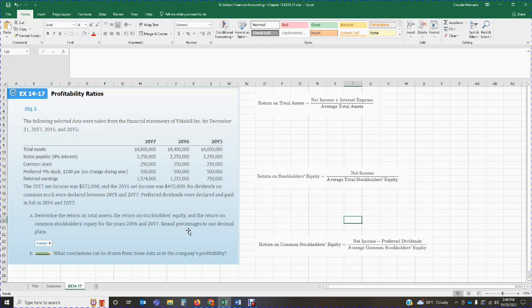So profitability ratios are basically a metric used by analysts and investors to measure and evaluate the ability of a company to generate income or profit relative to revenue, balance sheet assets, operating costs, and shareholders' equity during a specific period of time. Okay? They basically show how well a company utilizes its assets to produce profit and value to its shareholders.